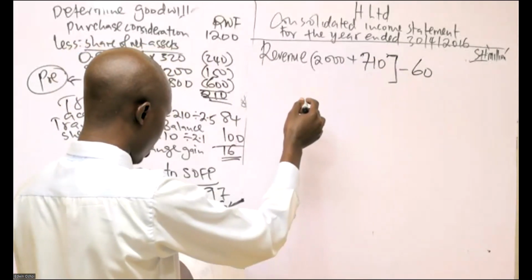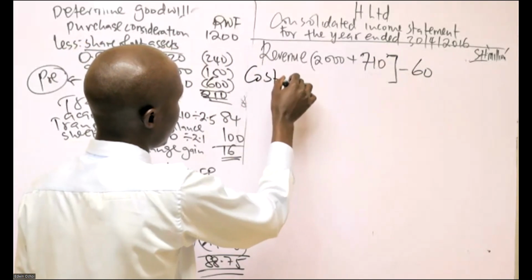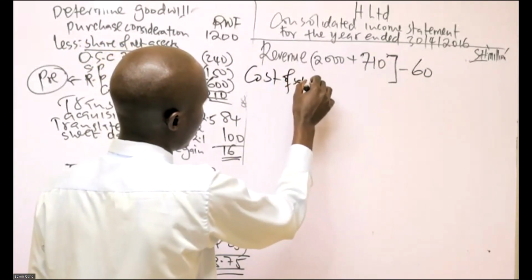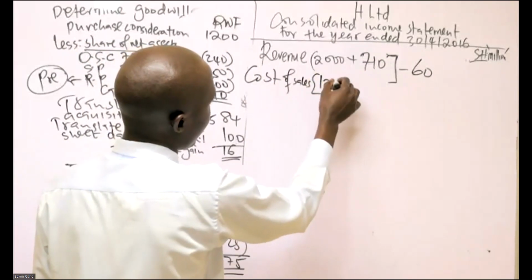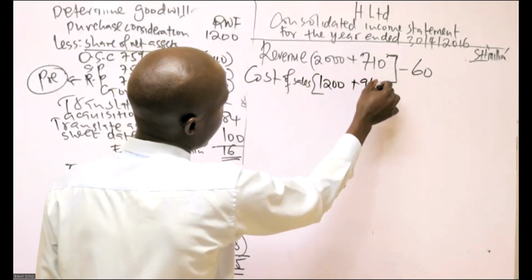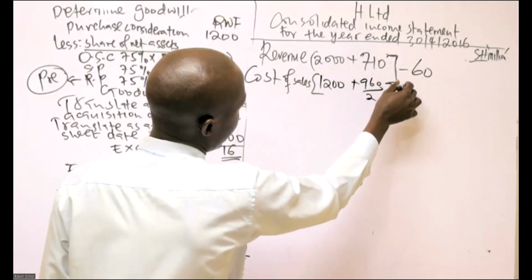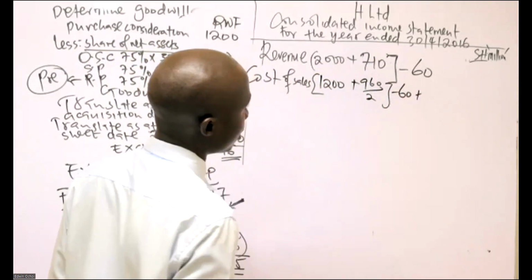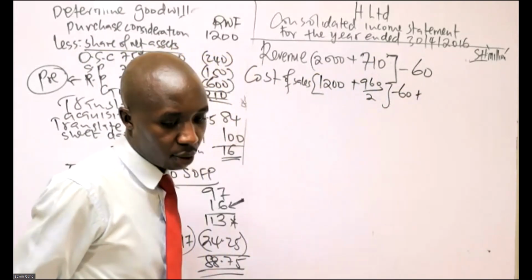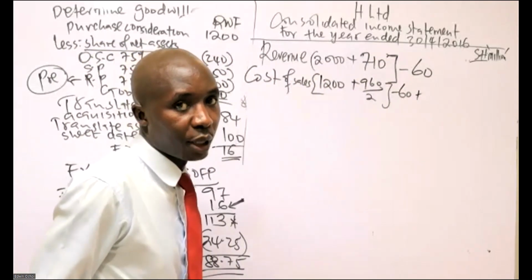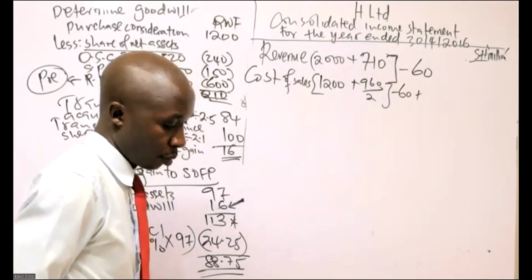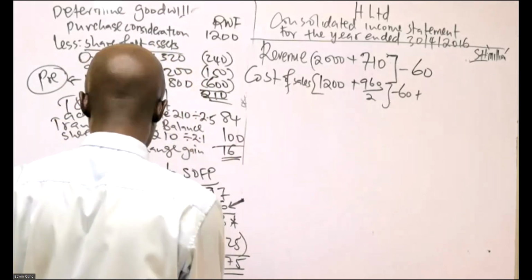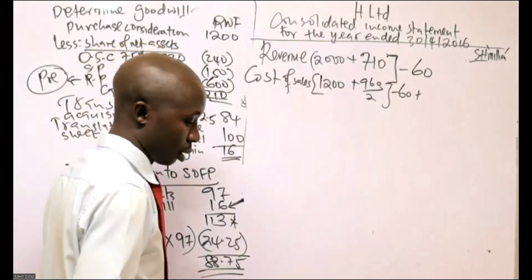The same way we can do cost of sales. So the cost of sales, 1,200 plus the same way I could have taken, divide by 2, minus 60 plus what? UPS. Unsold goods times profit margin. This is not something you have to do wrong workings.